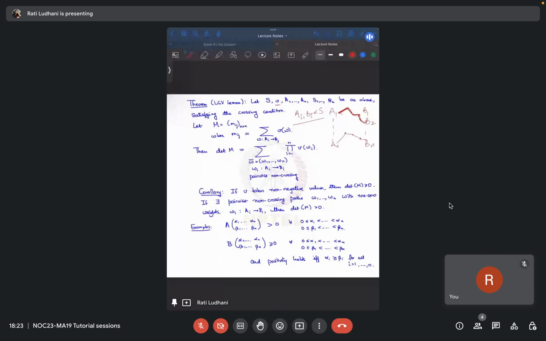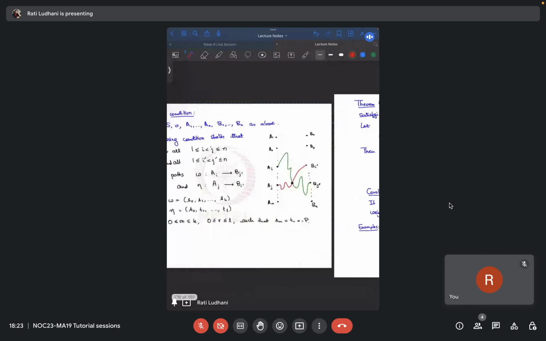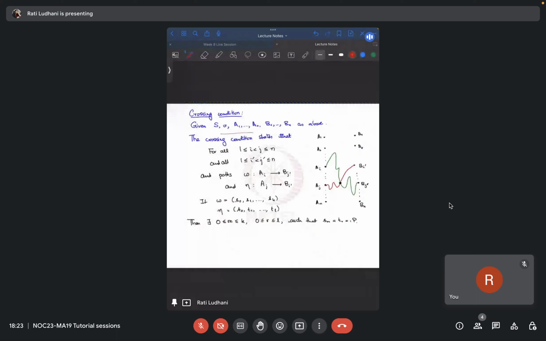So what is the crossing condition? It says if you have AI and AJ where I is less than J, you'll keep it in order. There is an ordering between these, and we are assuming these values are in order.